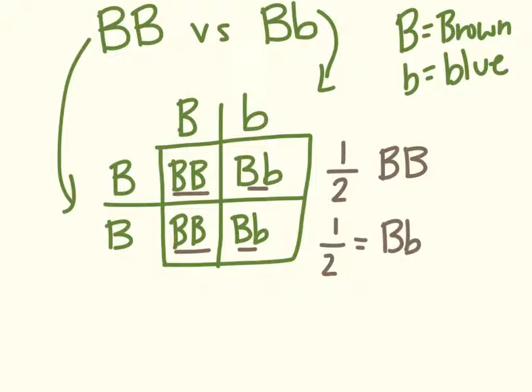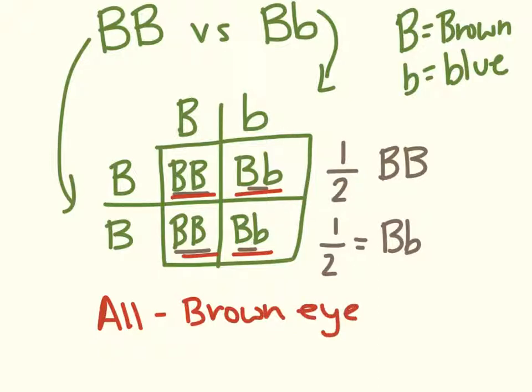Now, if we look for the phenotypes, we notice that this one, this one, this one, and this one, or all of our offspring, will have brown eyes.